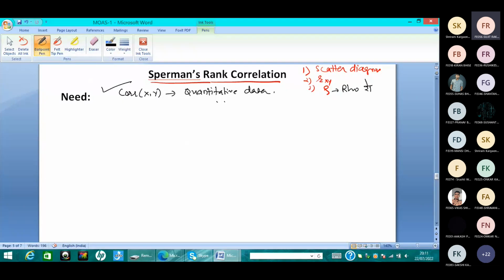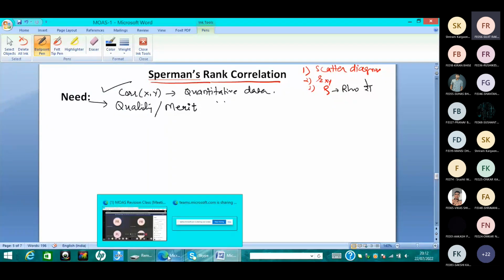Did you understand what is the need of this? For qualitative data, or where there is a merit. In a singing competition, this one is first, that one is second; if there is data like this anywhere, in any competition, the judge judges your quality and then gives you merit.